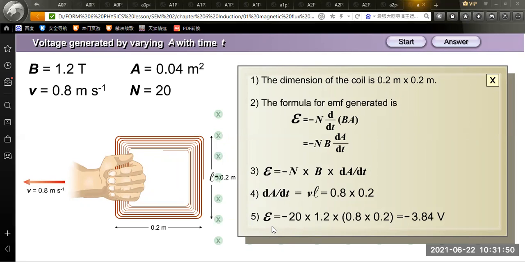So EMF will be equal to negative 20 times B 1.2 times V times L, where V times L is dA over dt. Then we get negative 3.84 watt. Negative shows the direction is opposite, so the magnitude is 3.84 watt. Now we go to the next slide.